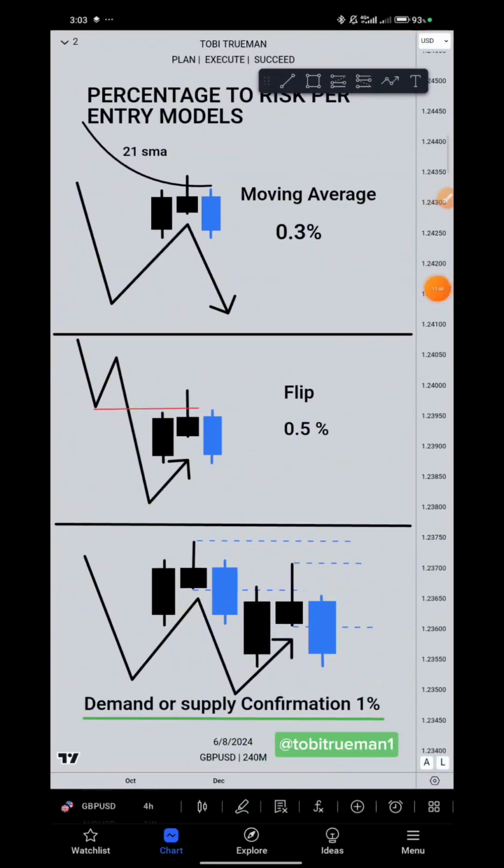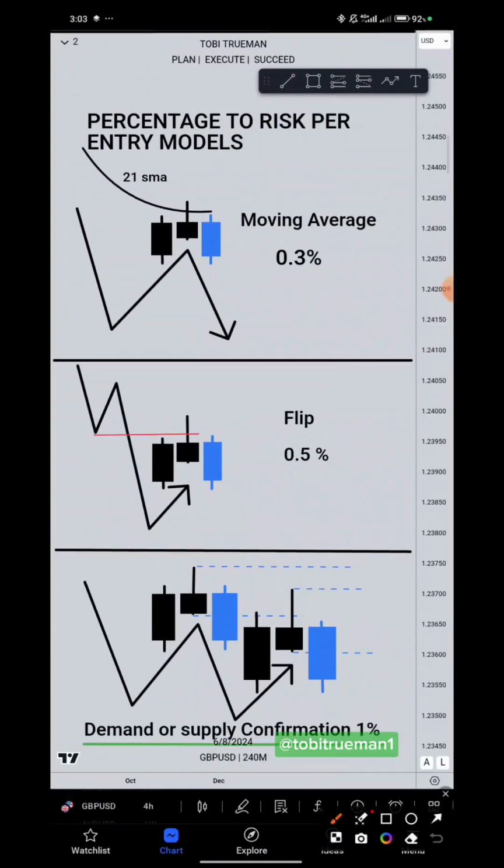Lastly, we want to look at the percentage to risk per trade for each of our entry models. Mostly it is recommended that if you want to be trading from $1,000 capital upward and you are using 1%, automatically you are following the rule of doing 100 trades to determine your strategy.